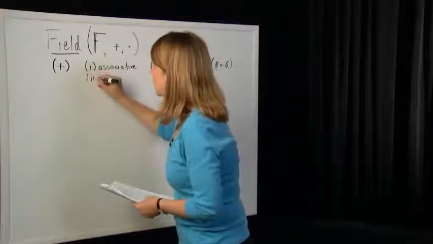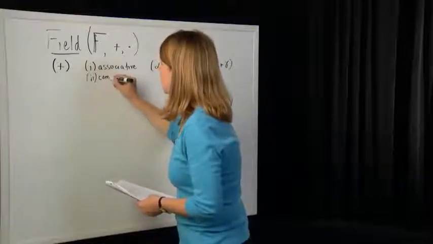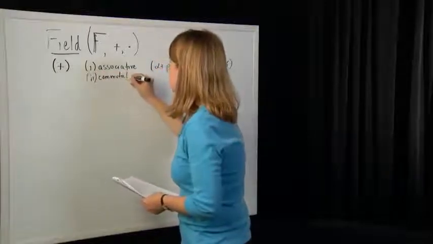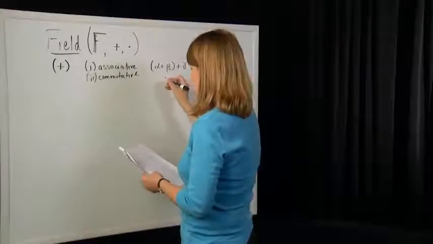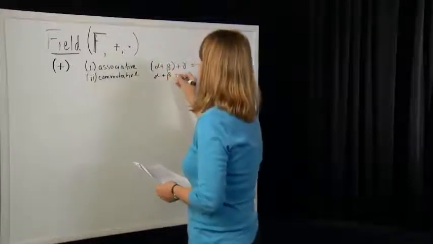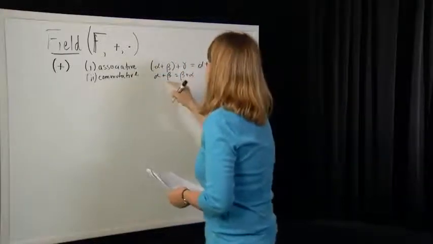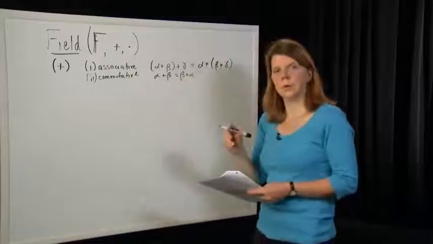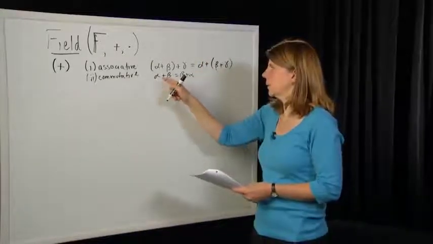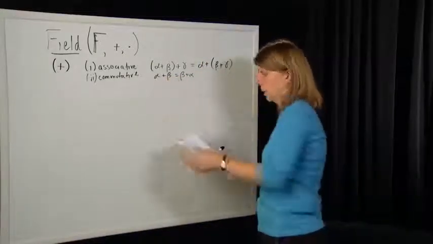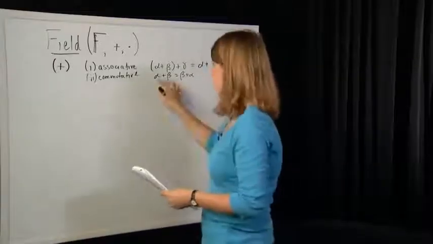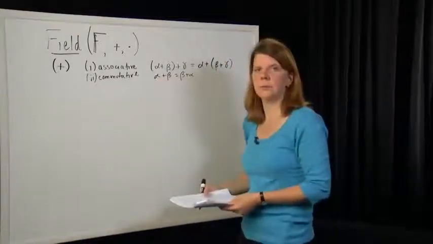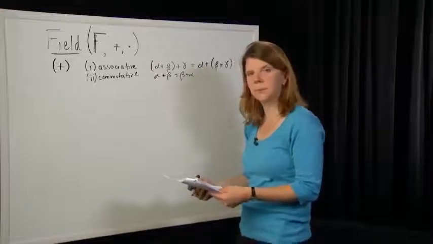Other properties that we have to satisfy. Commutative, which means that alpha plus beta is equal to beta plus alpha. It doesn't matter in what order you do the operation here. So you can switch the elements around the operation that you're performing.